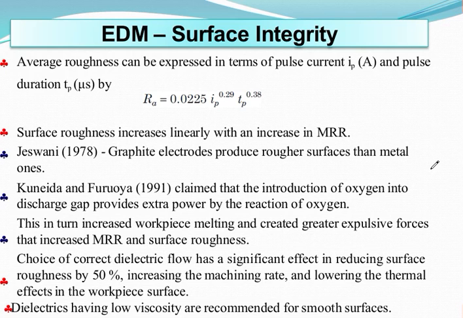The choice of correct dielectric flow has a significant effect in reducing surface roughness by 50%, and it also increases the machining rate and lowers the thermal effect on the workpiece surface. Lastly, dielectrics with low viscosity are always recommended for smooth surfaces.